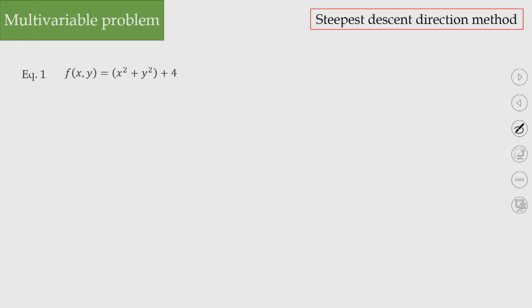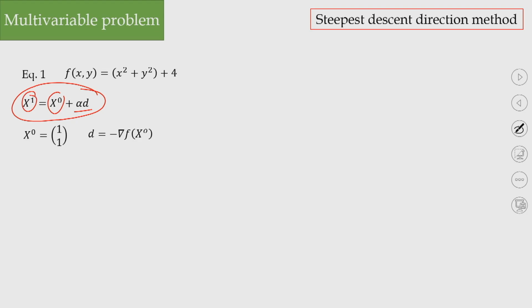Let me solve the same problem that we discussed earlier, f of x y equal to x square plus y square plus 4. I would like to find out x 1, and here it is x naught plus alpha d, where x naught is like the earlier case, 1 1. In this case the direction is given by negative del f at x naught.